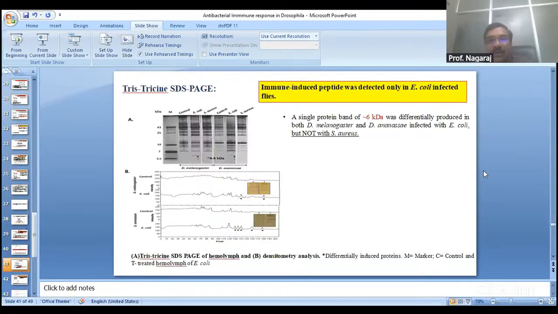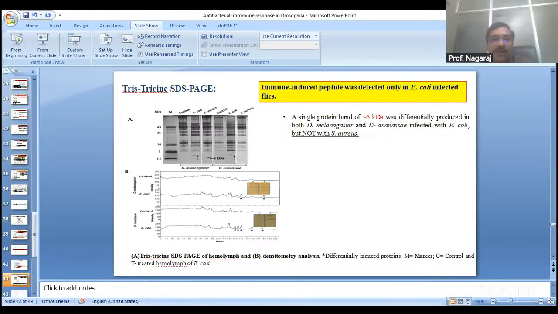Then we moved on to analyze trypsin, as compared to the previous slide. We went for trypsin SDS page hemolymph because it could give us a still clearer expression pattern of these proteins. It was detected in E. coli infected flies.